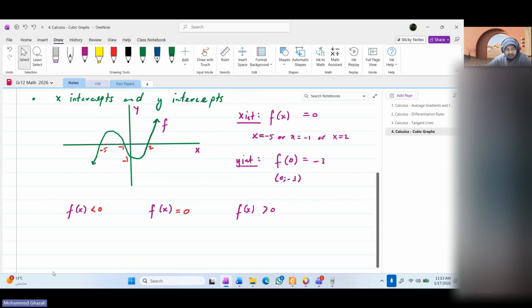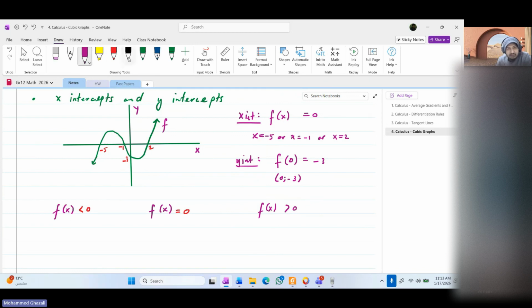And what does it mean when we say all these things? So f of x less than 0 means we are looking for below the x-axis. When is a graph below the x-axis? f of x equal to 0 means on the x-axis, or the x-intercepts, right? And f of x greater than 0 means above the x-axis.